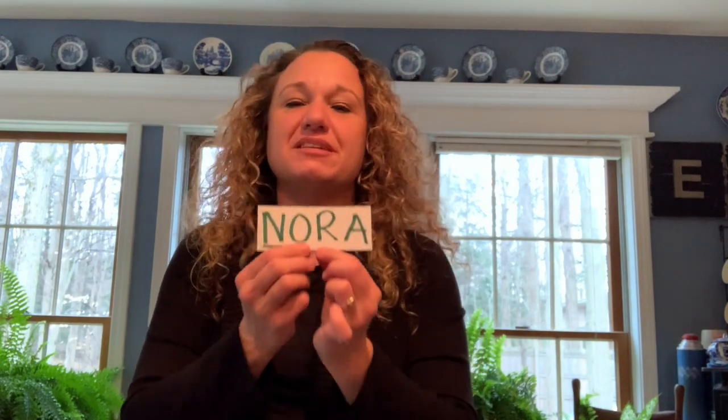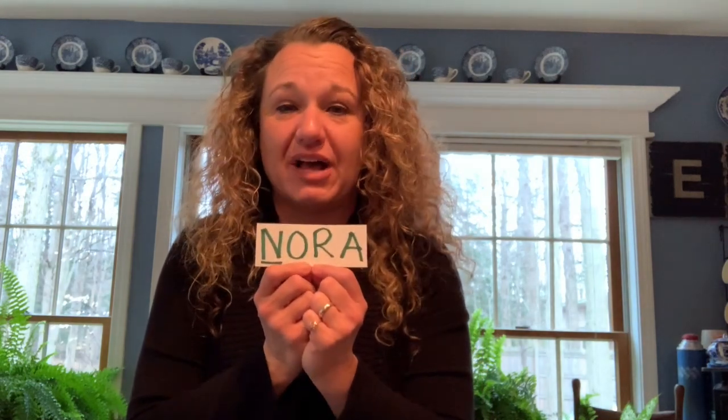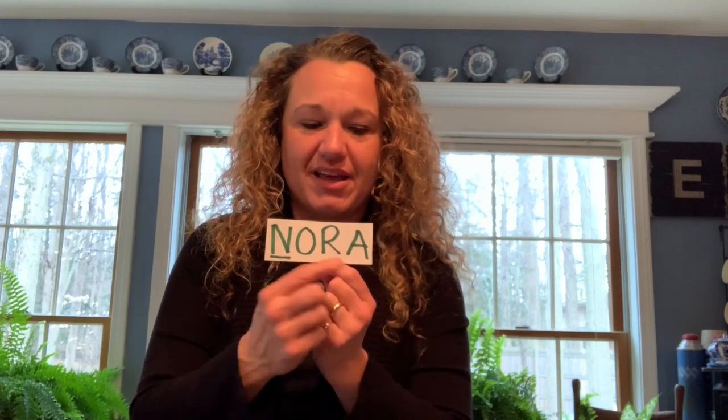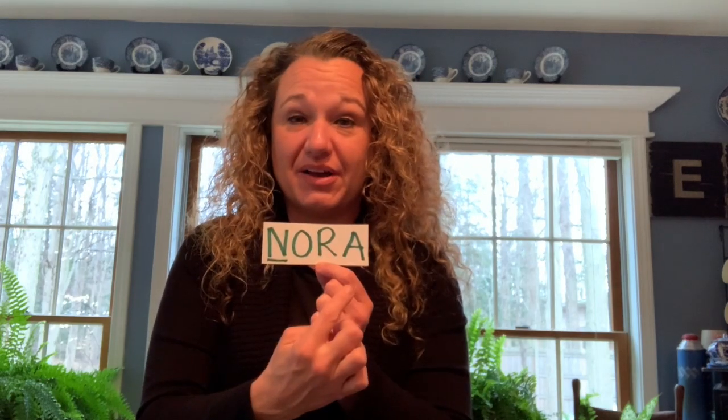Natalie. Hi, Natalie. I hope you're doing great. And our second friend in our school is another girl, and she is in Miss Erin's afternoon class, and her name is Nora. N-O-R-A. Nora. Hi, Nora. I hope you're doing great.